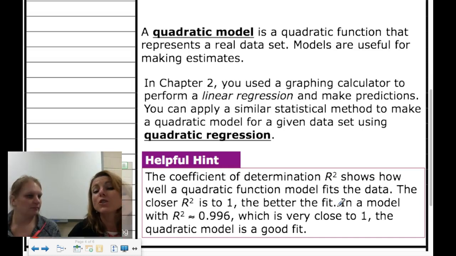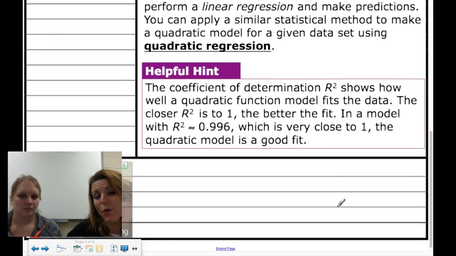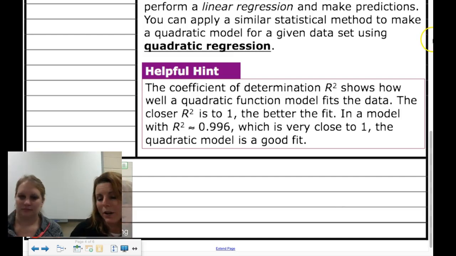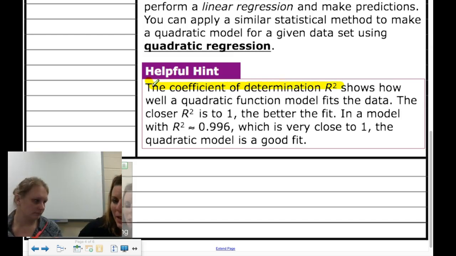So instead of a correlation coefficient, we will be using a coefficient of determination, which is called R squared. What that does is show how well a quadratic function model fits the data. You want it close to 1 in this case. It's never going to be close to negative 1 because it's an R squared.